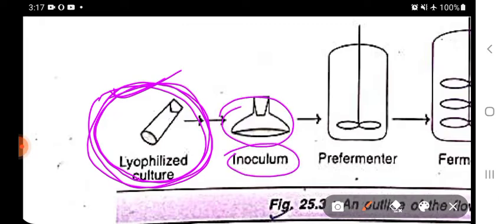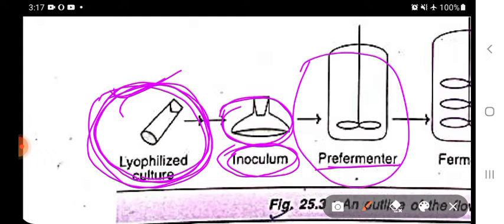I have already mentioned that inoculum is a small amount of material which consists of here the fungus to start a culture, and then this inoculum is being prepared. From this lyophilized culture we prepare inoculum, we prepare starter culture, and we try to grow them in a pre-fermenter.